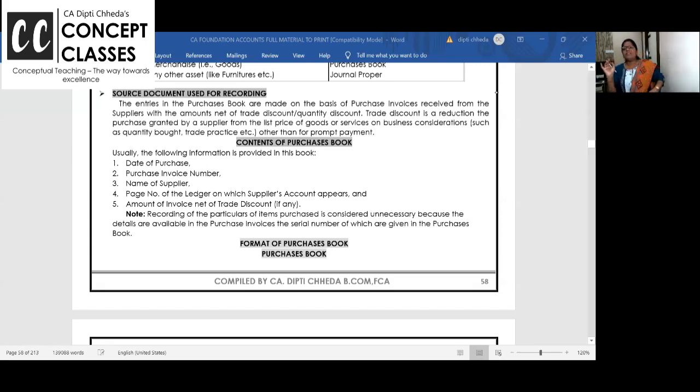And when we purchase goods on credit, you record it here. When we purchase, instead of goods, if we are purchasing an asset, some furniture, something and all, then you record it in your journal proper. I want to repeat, I am not dealing in laptops.